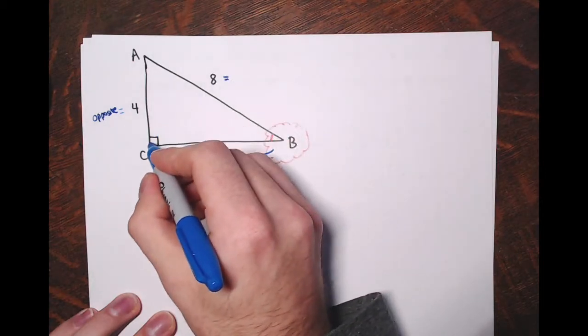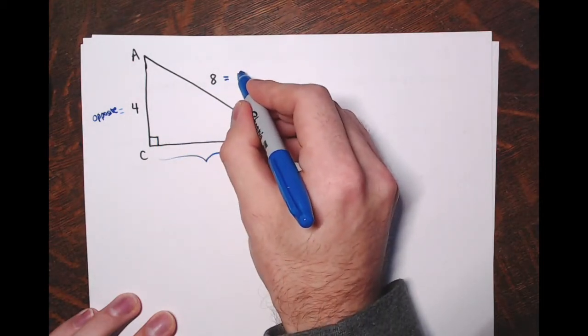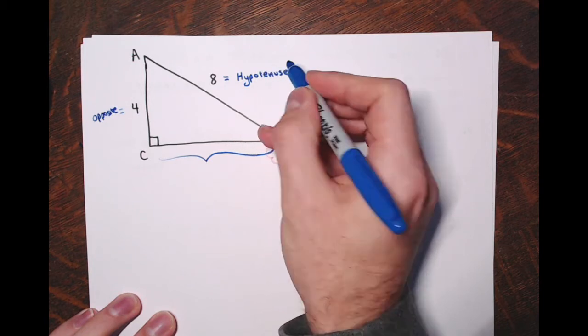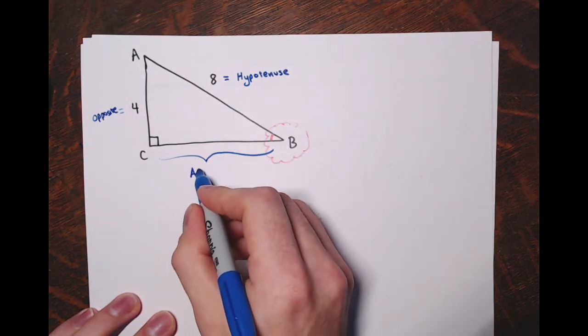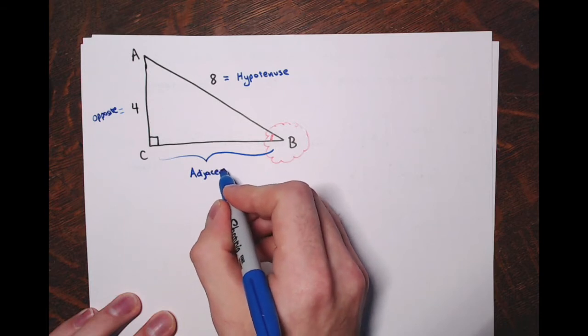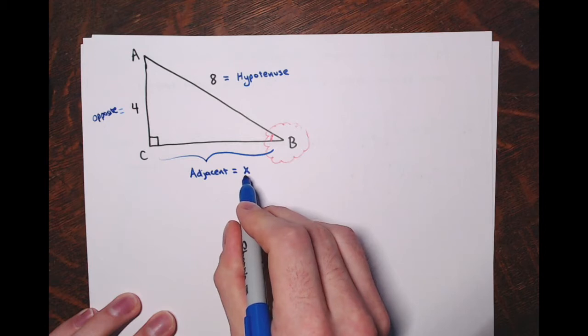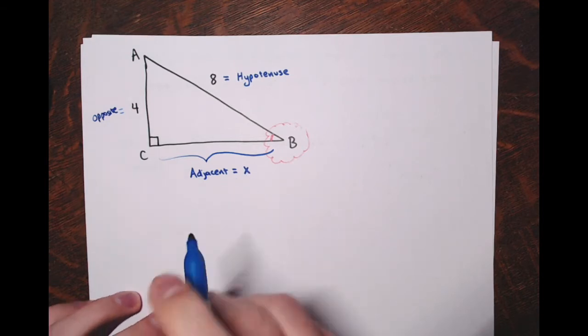The hypotenuse is always the side opposite the 90-degree angle in a right triangle, right? That's the hypotenuse. And then this would be the adjacent side. Now the adjacent side, I don't know, right? Let's call it X, something unknown.